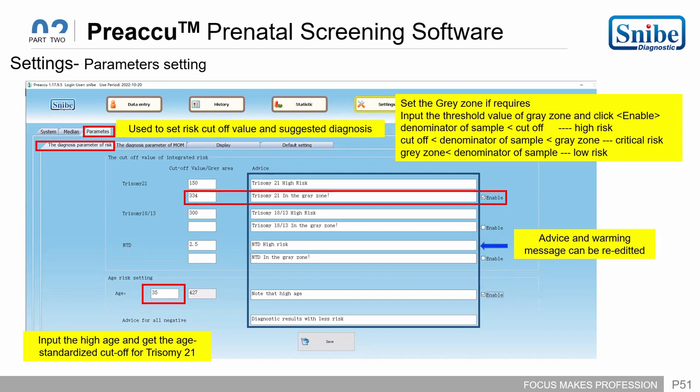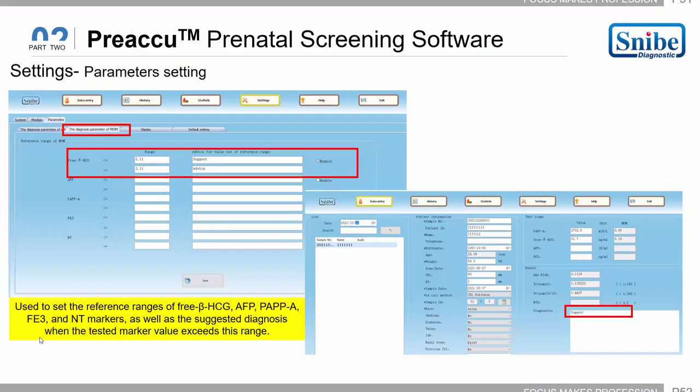Then the denominator of the sample cutoff high risk cutoff value can be advised and the warning message can be re-edited. So these are all the factors which we can run for the different statistics parameter settings. If they input high age and get the age standardization cutoff for the trisomy, you can also change it according to your desired requirement for the parameter setting that you have.